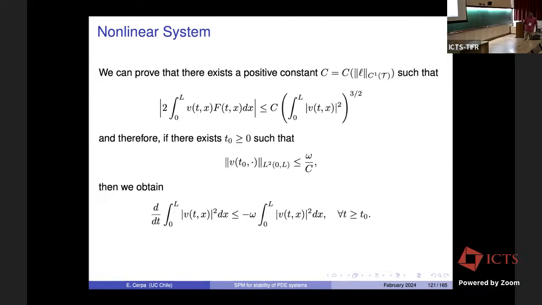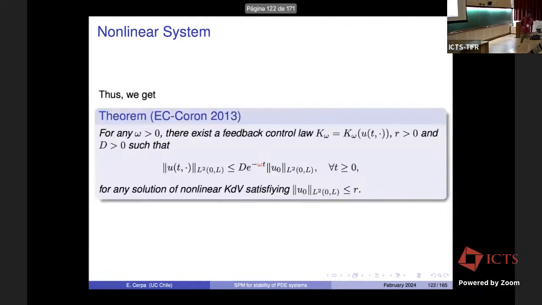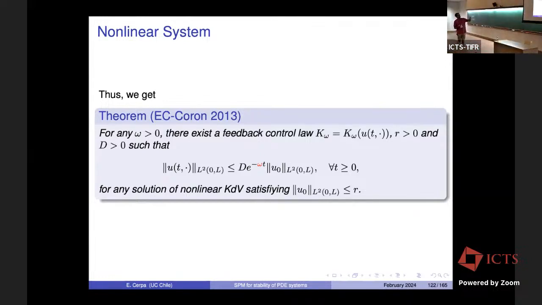Once you impose some smallness condition on the initial data, you obtain, as before, this formula giving you the exponential decay of the solution. So this is the theorem that we wrote on the first slide of this lecture.